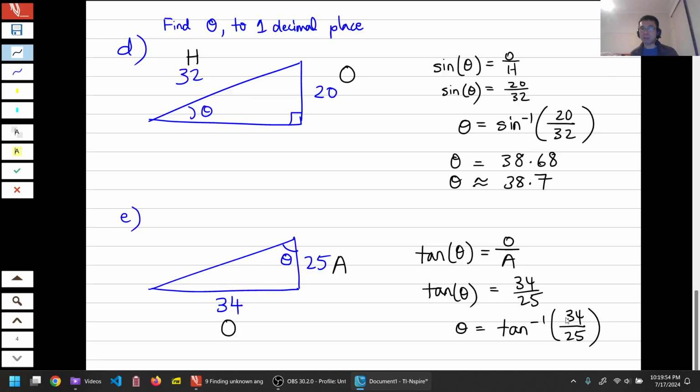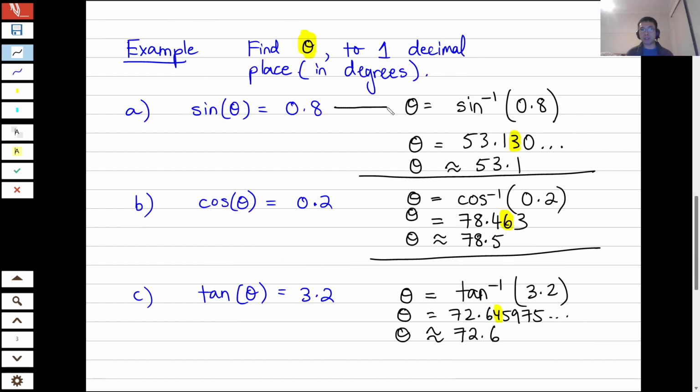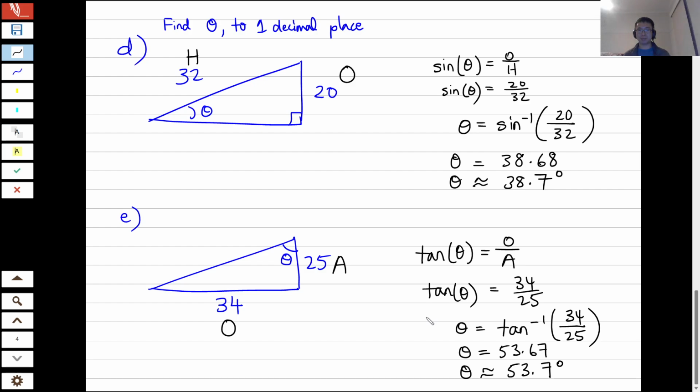And that gives me 53.67. And if I round this to one decimal place, I get 53.7 degrees. And that's it. There's not much algebra this time, except for moving from the trig ratio to the inverse trig ratio. So if you can do this page, you can also do this page.